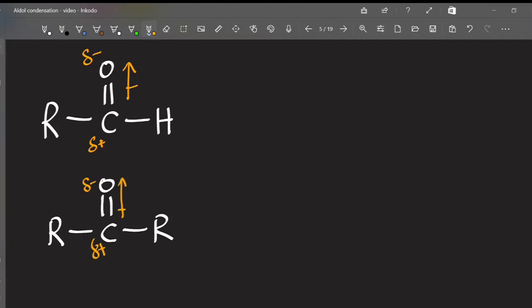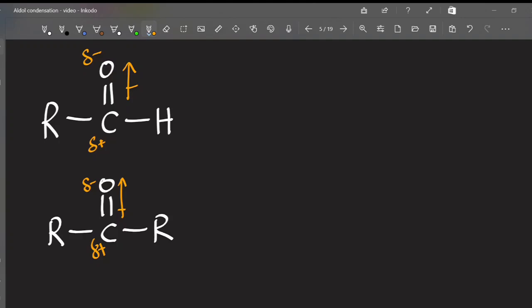Now the point is, among these aldehydes and ketones, which one will be more reactive towards nucleophilic addition reaction? If a nucleophile wants to come in and attack, where does it prefer to go? Whether it will go to the carbonyl carbon of an aldehyde or the carbonyl carbon of a ketone. Let's try to understand that.